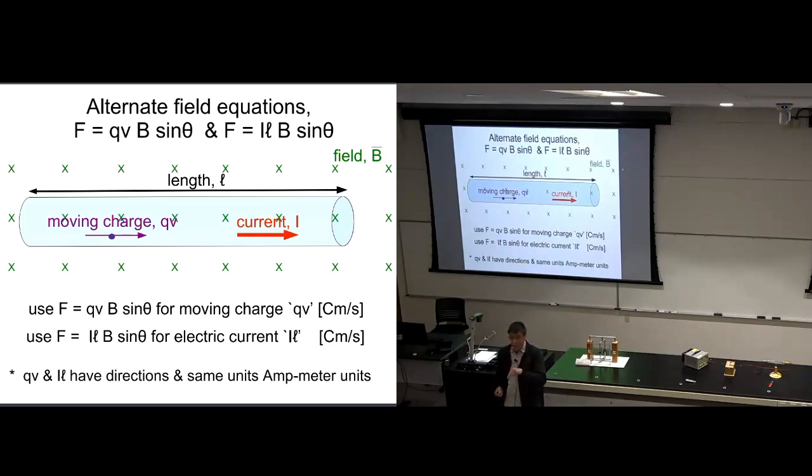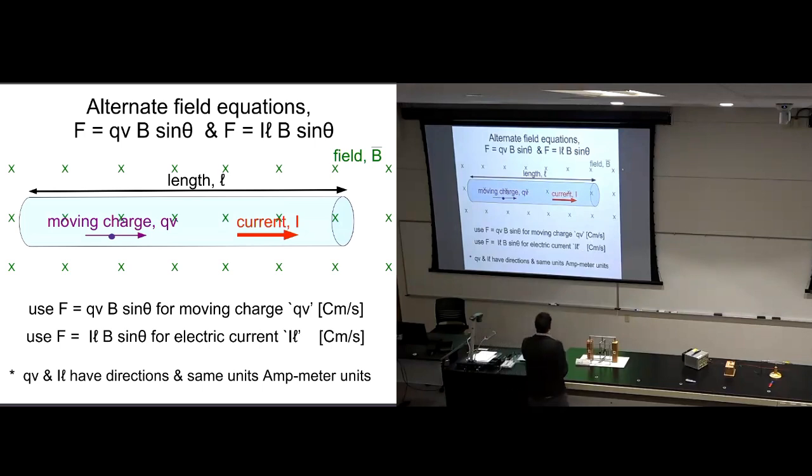The current has a direction, obviously, along a wire in one or other direction, and the velocity has a direction. So they both have that important ingredient of direction. They both better have the same units because they're going to be multiplied by the magnetic field to create the magnetic force. And indeed, if you work it out, they do.